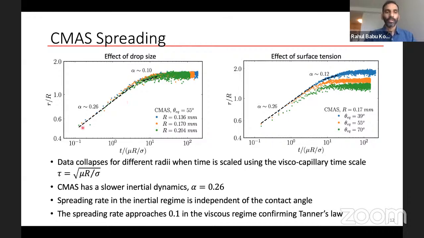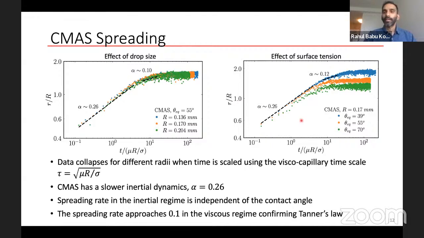We do a least squares fit in the inertial regime and in the viscous regime. We observed that the spreading rate is about 0.26, which is much lower than that for a pure water drop, of course. And in the viscous regime, we see it's very close to 0.1. As you can see on the right here, it's 0.12, it's 0.1. So it's around the ballpark of Tanner's law.